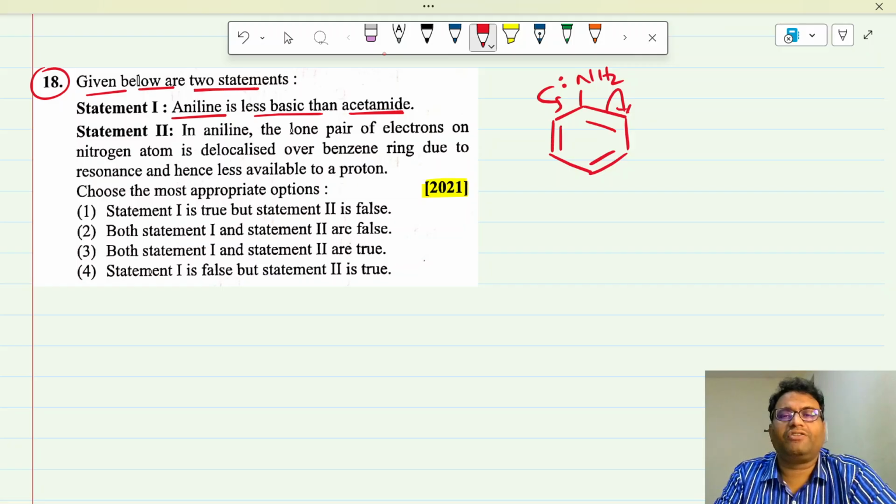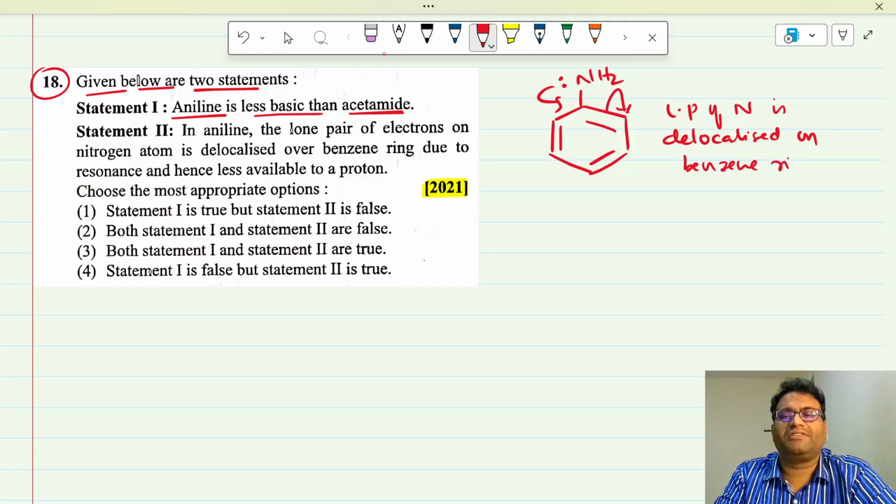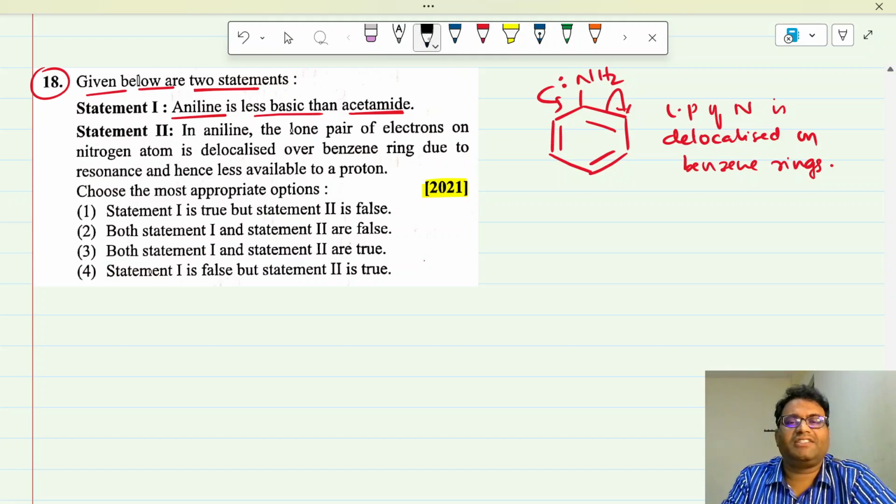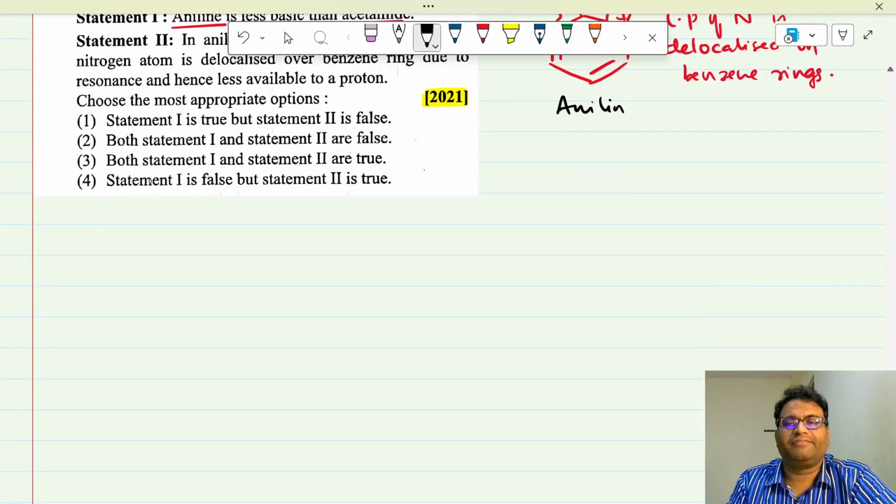So the lone pair of nitrogen is delocalized on the benzene ring. The benzene ring contains carbons, so it is delocalized on the carbon atoms. Now let us see acetamide, CH3, C double bond O, NH2.